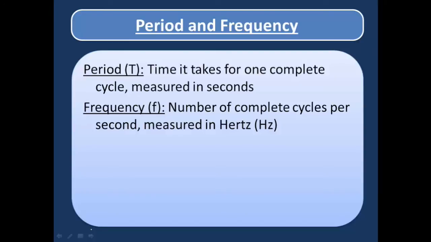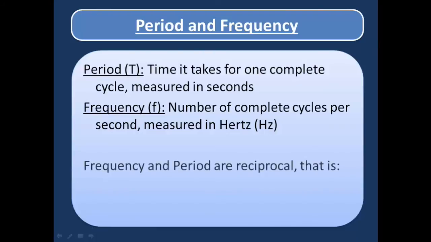You've probably heard about things like gigahertz when we're dealing with cell phones, or megahertz when we're dealing with radios. These mean that in 1 second, the wave will actually go up and down 1 billion times. It's an obscenely fast amount. Well, these two quantities are actually related to each other with a reciprocal function.